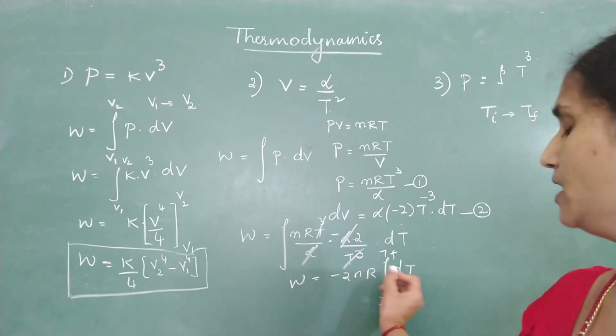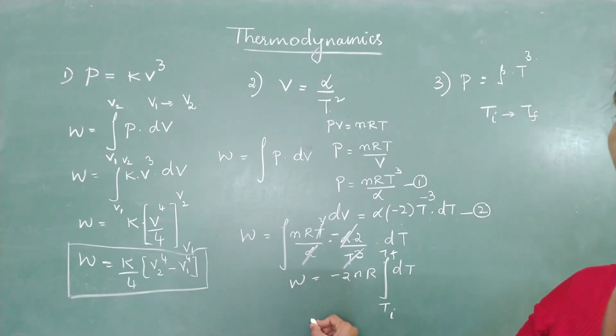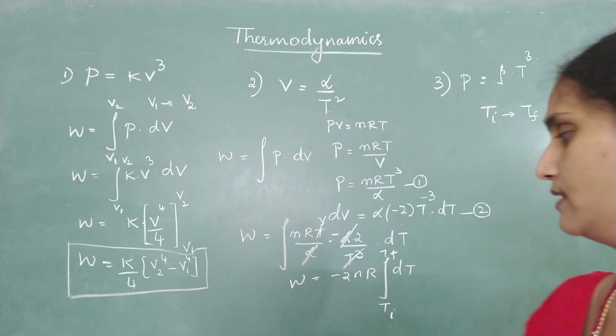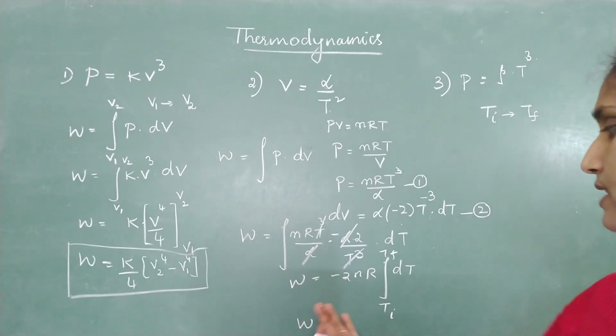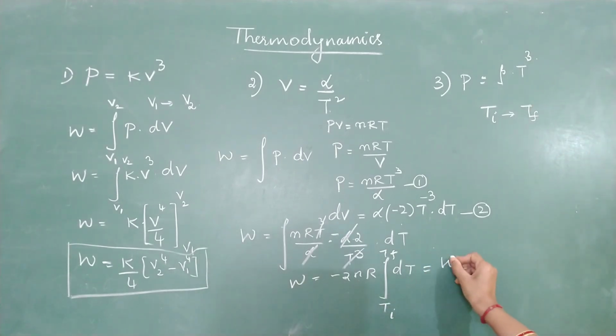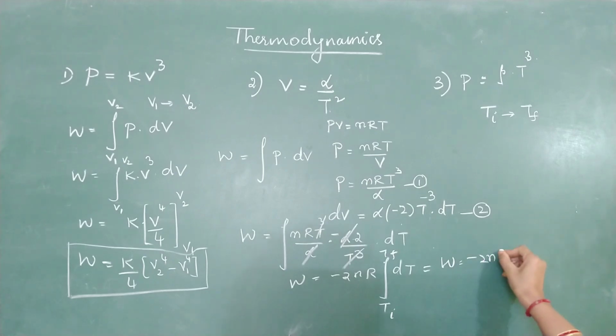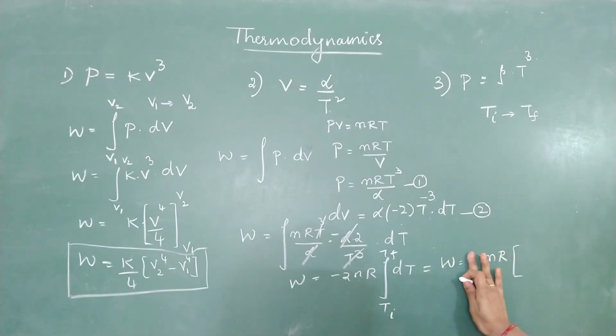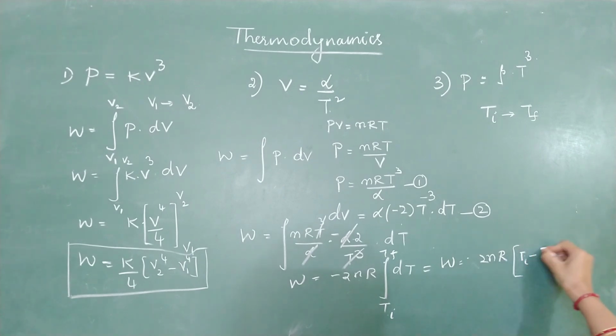Now integrate the relation and tell me what will be your work done equal to. When you simplify it, minus 2 nR, integral of dT is T final minus T initial. So your equation for work done comes out to be minus 2 nR into T final minus T initial. If I remove the minus sign, T initial minus T final.